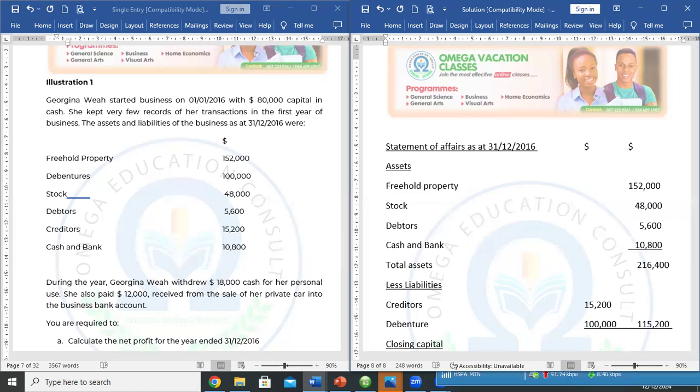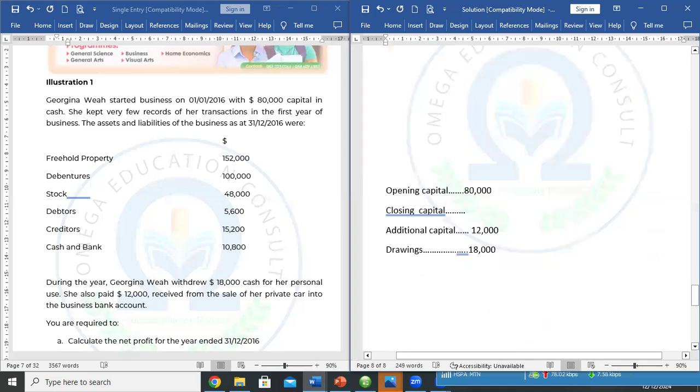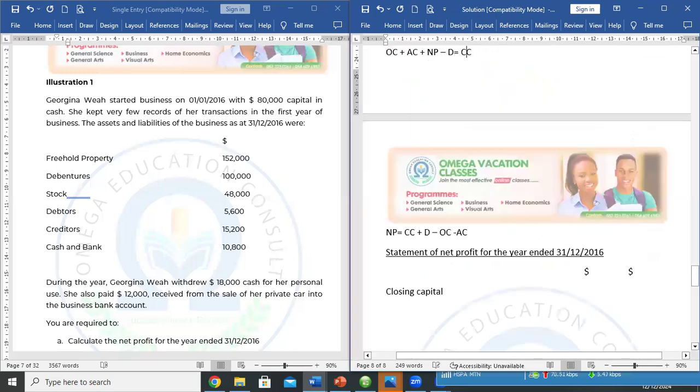Our closing capital is 101,200. So it became necessary for us to go and prepare the statement of affairs before getting that figure. So we now put it in our statement of net profit.